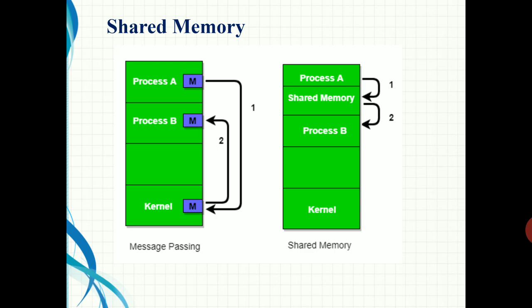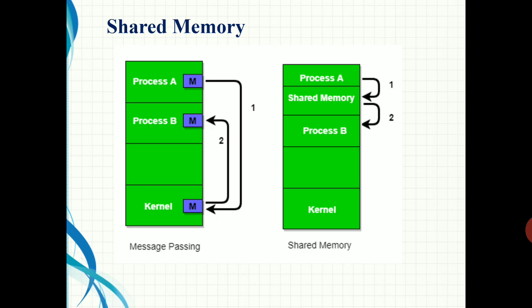The shared memory method is used between processes on a single processor system, or a multiprocessor system. But message passing is used in the distributed environment through communication. That is, it is used for communication between processes residing on remote machines connected through the network.